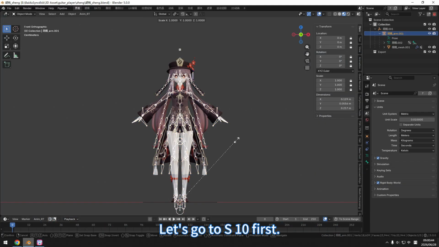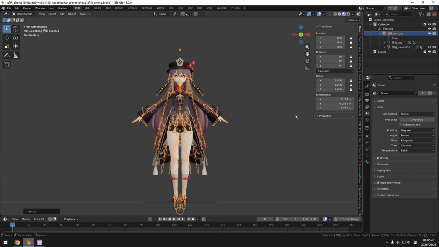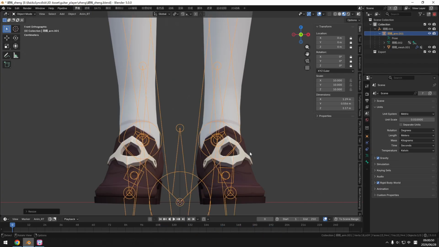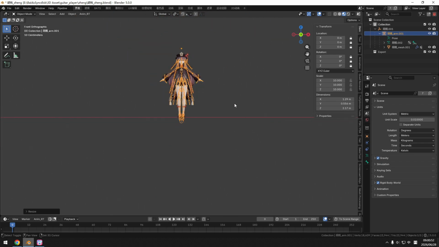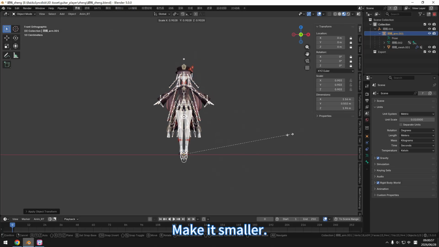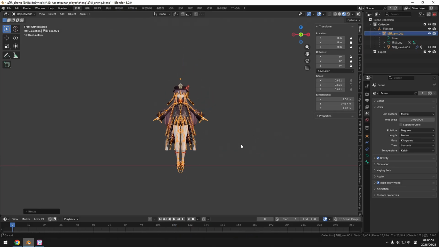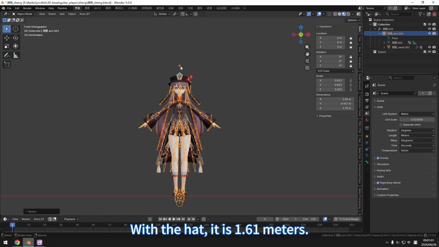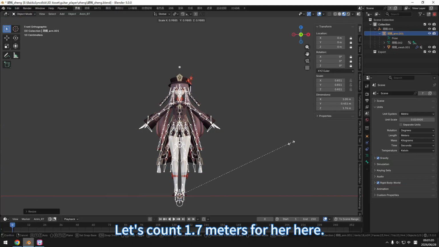Let's go to S10 first. No, it's locked here. Make it smaller. With the hat, it is 1.61 meters. Let's count 1.7 meters for her here.